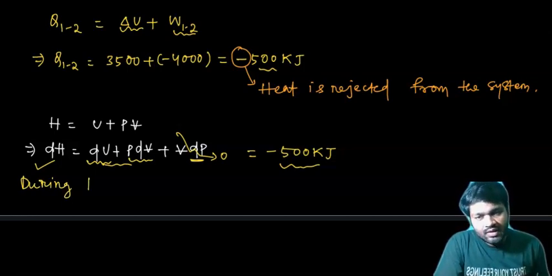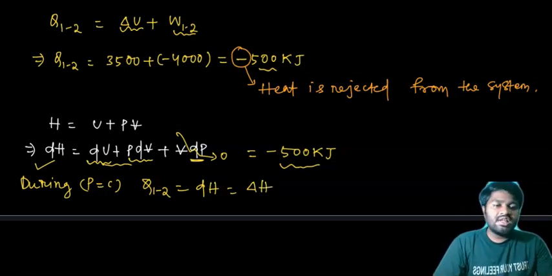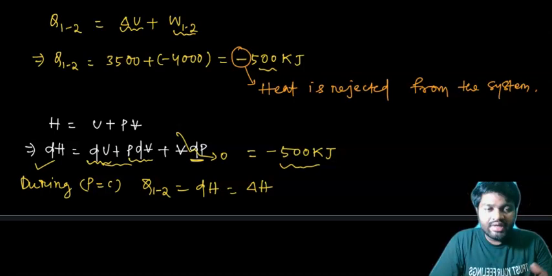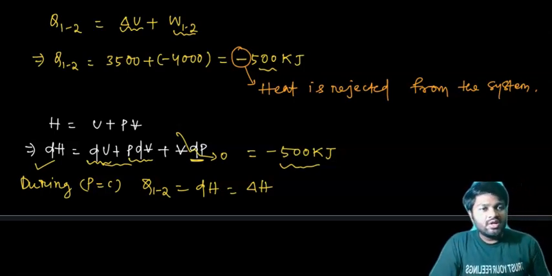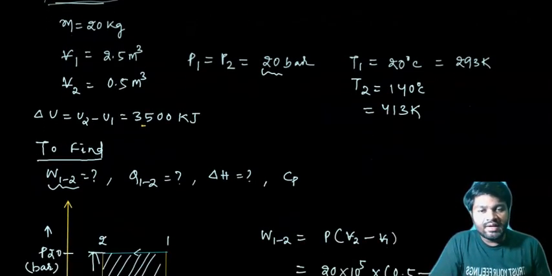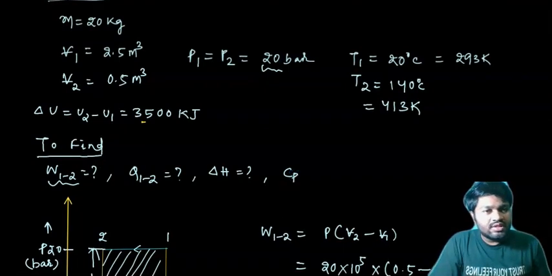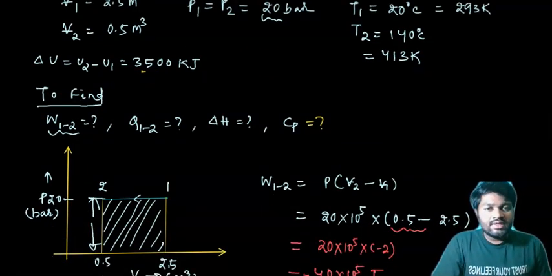During a constant pressure process, Q12 will be equal to dH, or we can say del H. So the change in enthalpy will be equal to the net heat interaction during this constant pressure process. Okay, so already we have calculated three data. Up to this I think there is no issue.